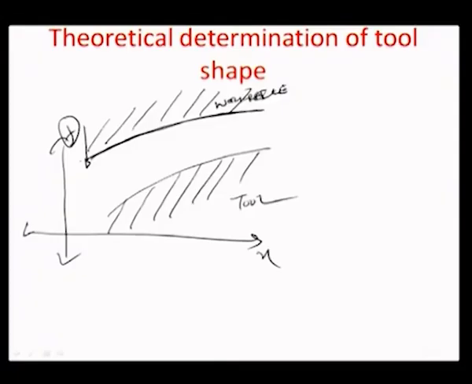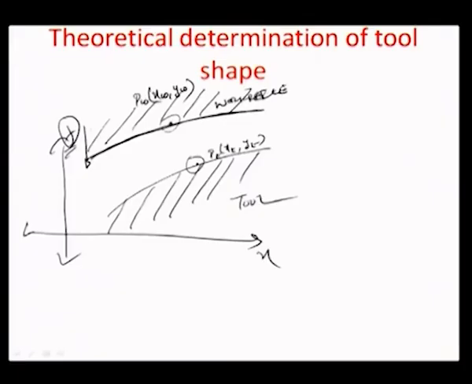So, if we select, in the two dimensional sense, a point here on the workpiece surface, let us say Pw, which is a function of xw and yw, and try to map a corresponding point on the tool surface, Pt, xt, yt, we should be able to find out the functional relationship that exists between this point and this point given the constraints or conditions of the ECM process, like the feed, the direction of the feed, and so on and so forth.